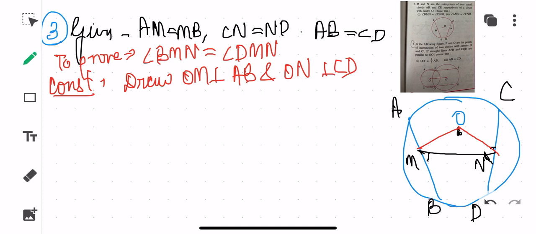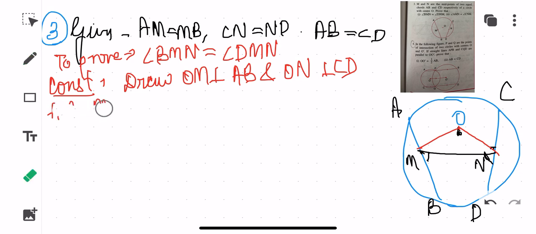So now what will you be doing, children? You need to prove that BMN is equal to DNM. How are you going to start this sum? First you have to prove that BM is equal to DN. Just have a look. Write down: AM is equal to MB.